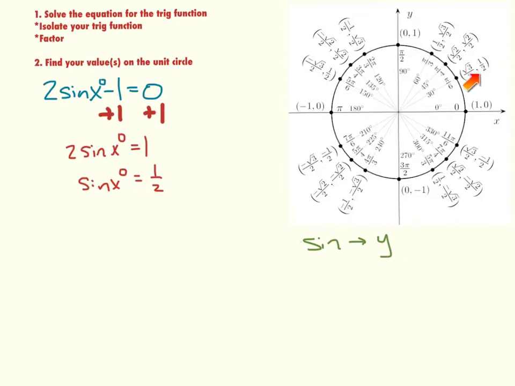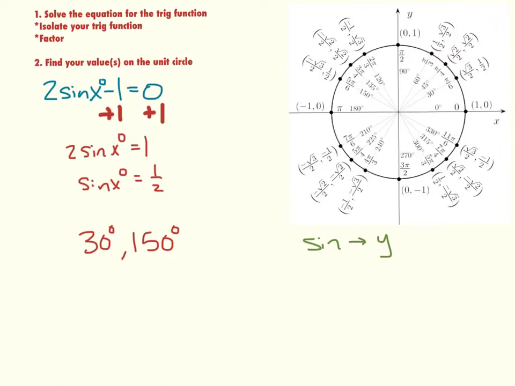I see that I have a y value of positive 1/2 at 30 degrees and at 150 degrees. So this happens twice, at square root of 3 over 2, 1/2 and negative square root of 3 over 2, 1/2. So my answers are that they occur at 30 degrees and 150 degrees.